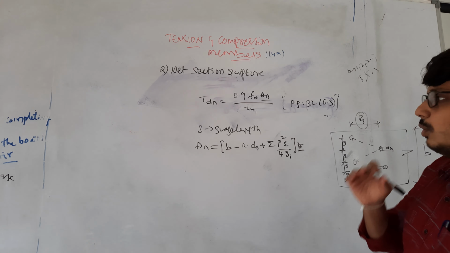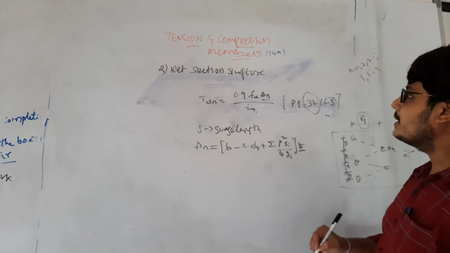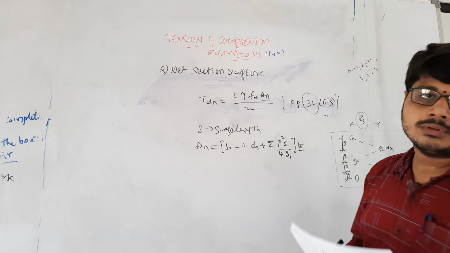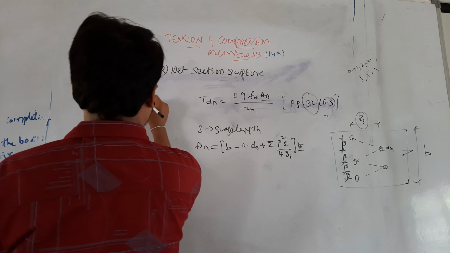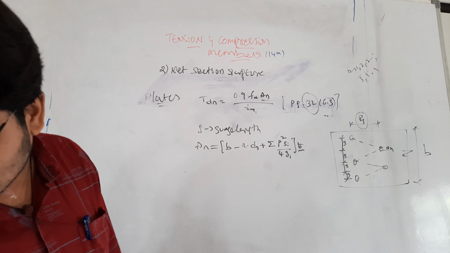You don't need to remember this formula, because it is in the code book on page number 32, and while solving the problem you can get it easily. This formula is for plates.